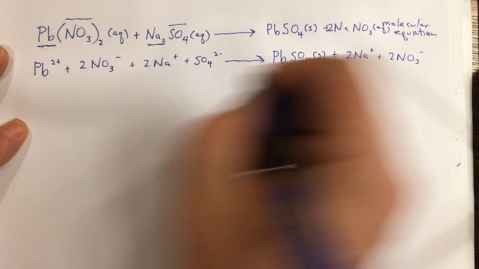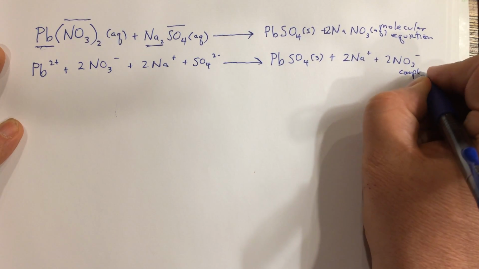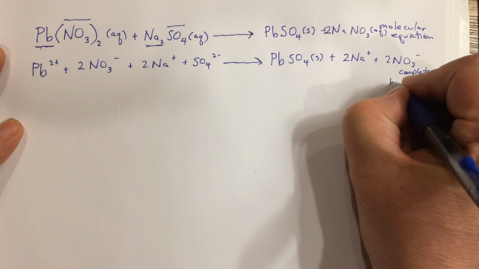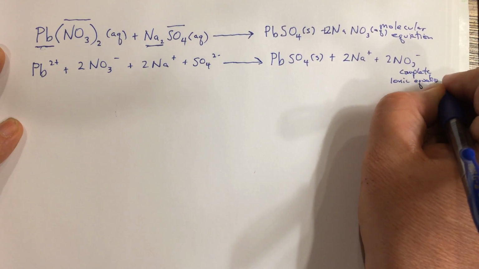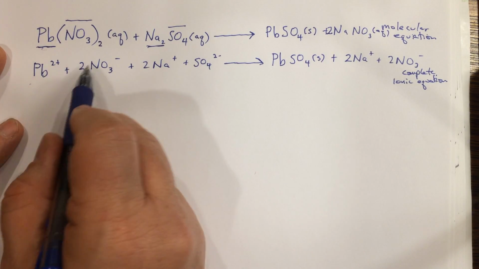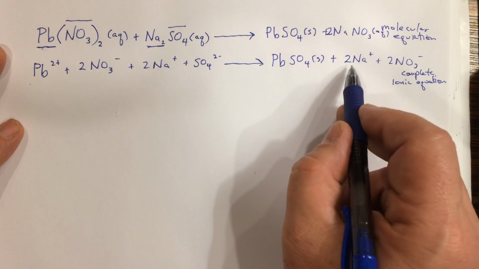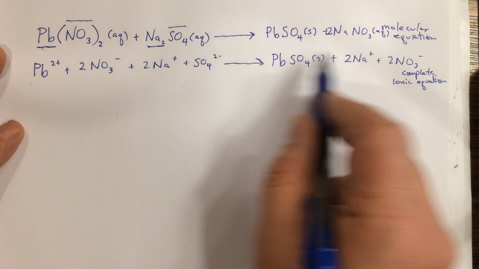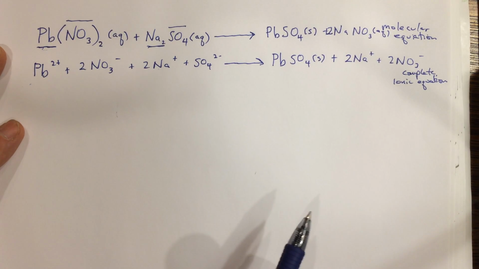This is called the complete ionic equation. Okay? It's an ionic equation because it's all the ions. This is an ion, this is an anion, this is a cation, this is an anion, this is the solid, this is a cation and an anion. So this is complete, meaning everything that's there is recorded. That's why it's called complete.